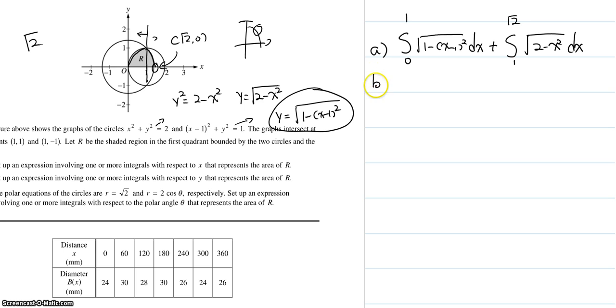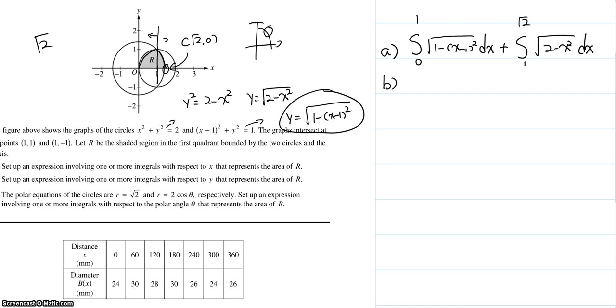Now let's do B. B is asking us to set up an expression involving one or more integrals with respect to y that represent the area of R. And let me erase this first.